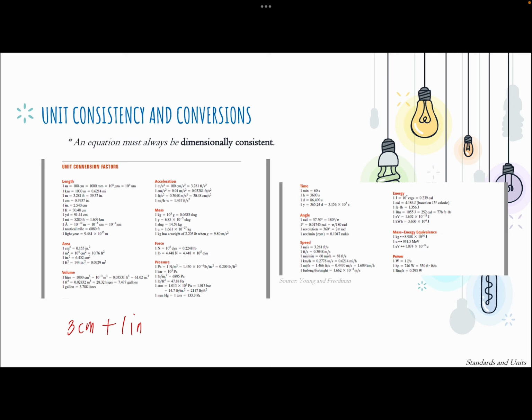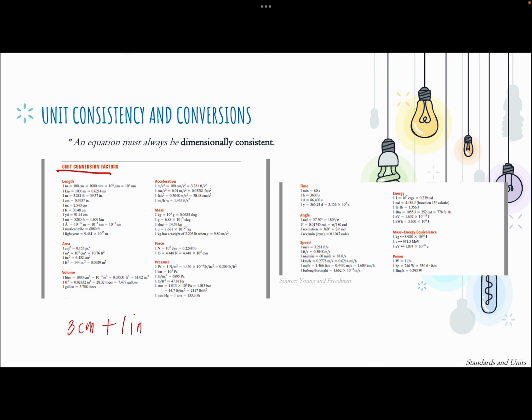So, the question is, can you add them up immediately? So, the answer is no, because the units are different. So, what you're going to do now is to first convert the measurements into the same units. And here are some unit conversions that you must know by heart.